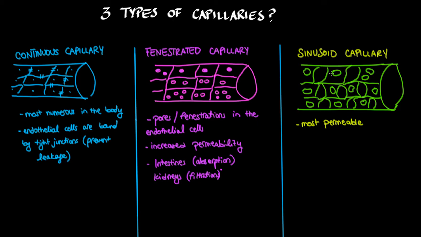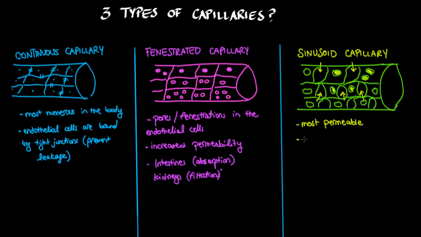What you'll notice is first, you'll have the same fenestrations that we saw in the fenestrated capillary, but they're slightly larger. And not only that, but we also see these right here, kind of holes in between the endothelial cells. And so these are what we call intercellular clefts. And because of these two structures, large molecules are able to pass.